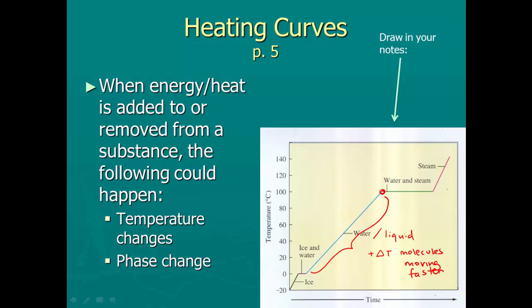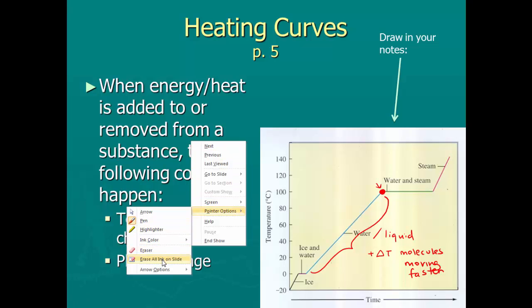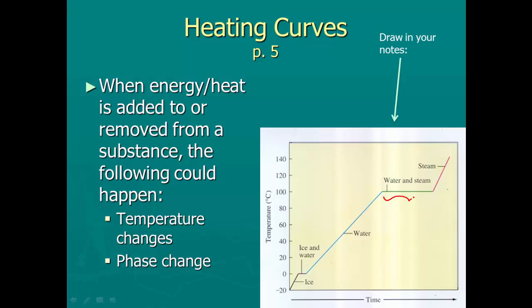And when it hits this point right here, things begin to change again. When we hit that point right there, the boiling process begins, and we have another phase change begin. So in this section right here, it's flat. Again, that represents a phase change. Okay, so it's not causing the molecules to move faster, it's causing them to move in a different way.